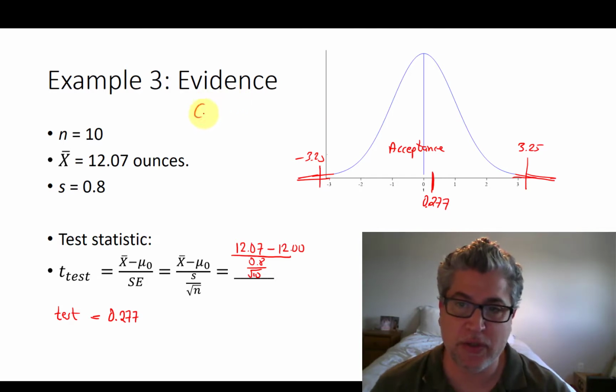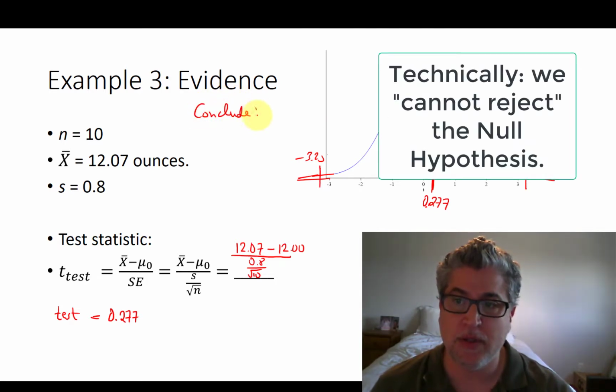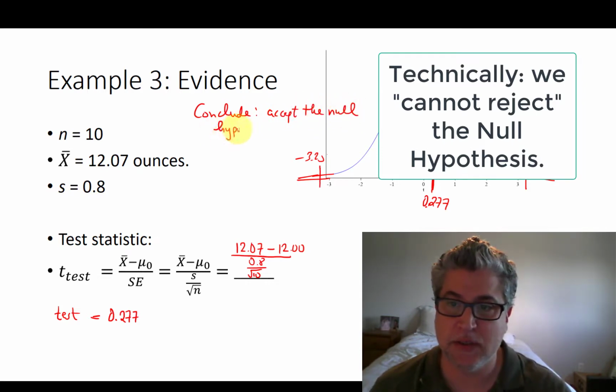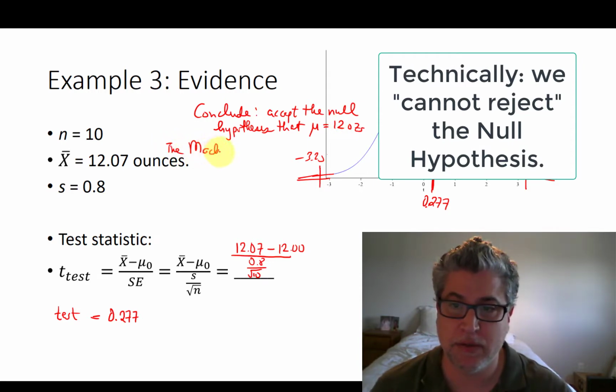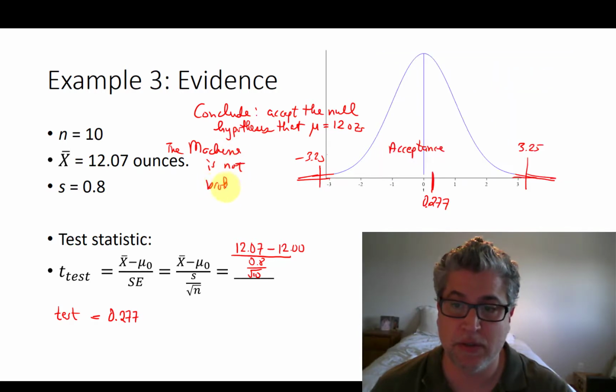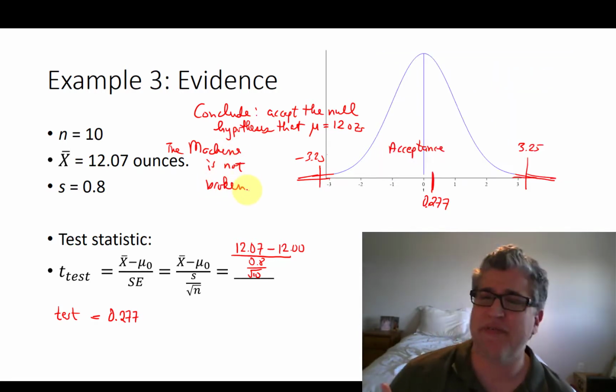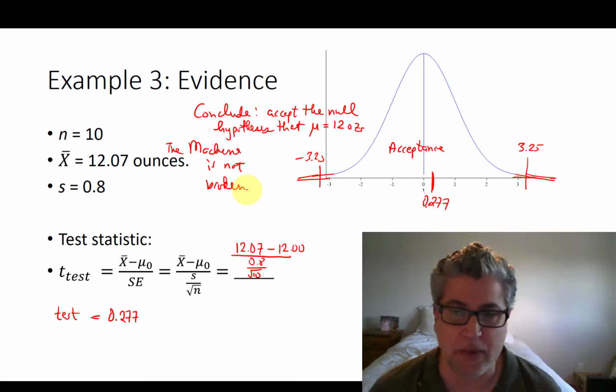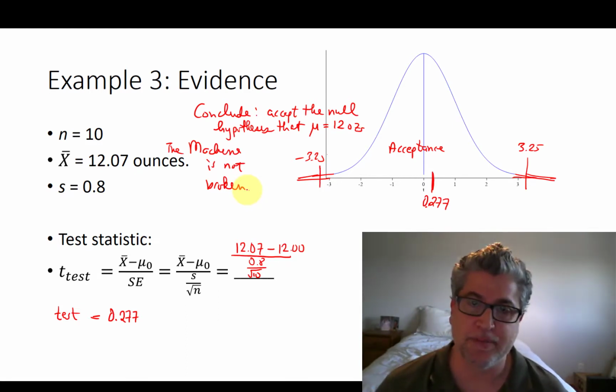So we conclude that we accept the null hypothesis that the mean fill rate really is 12 ounces. The machine is not broken. Or at least we don't have enough evidence to overturn the claim that the machine is not broken.